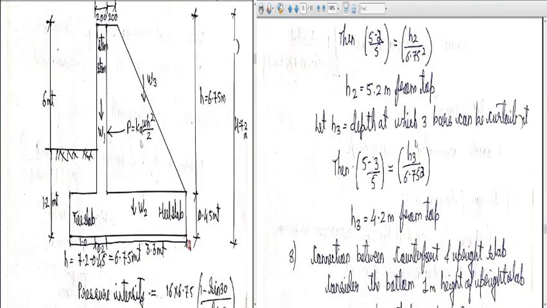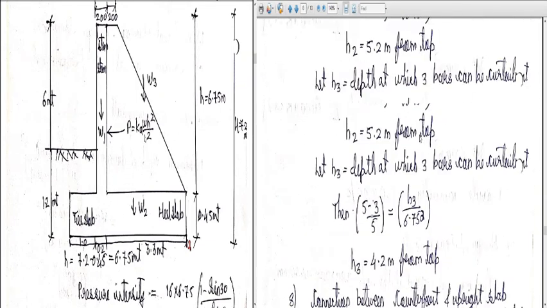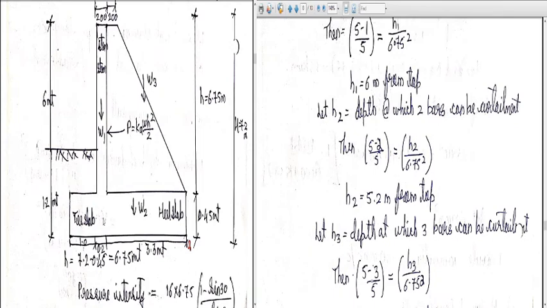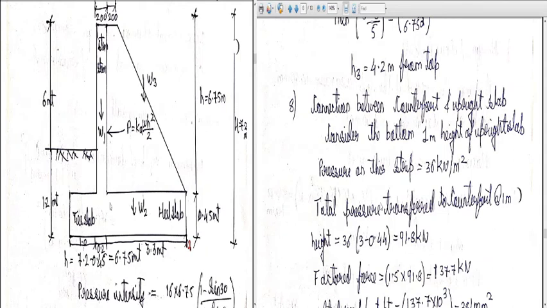Let h3 be the depth at which 3 bars can be curtailed: (5 − 3)/5 = h3/6.75, so h3 is 4.2 meter from top.